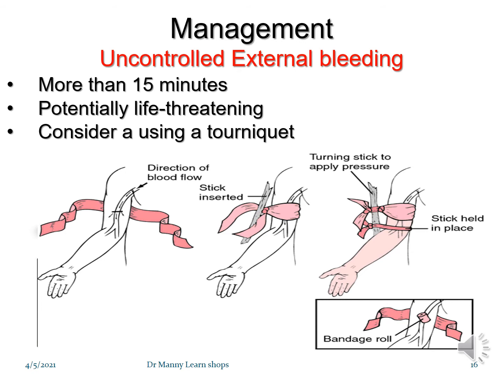In the diagram, they've applied a small bandage roll over the actual pressure point before they apply the ribbon or bandage and then tighten it. But a tourniquet is something that will stop the flow of blood.